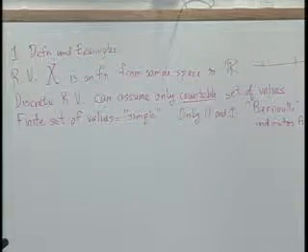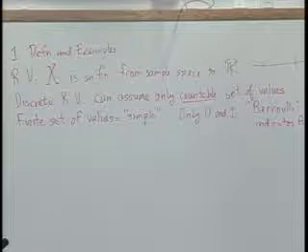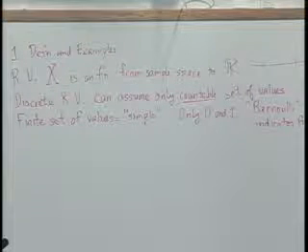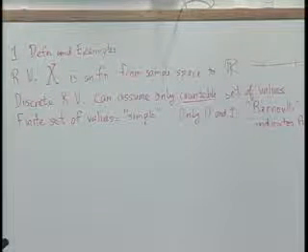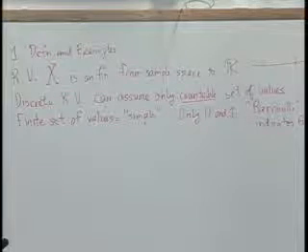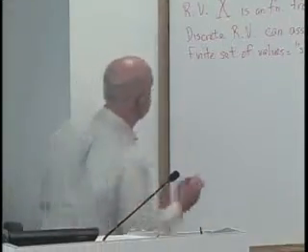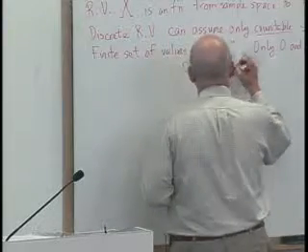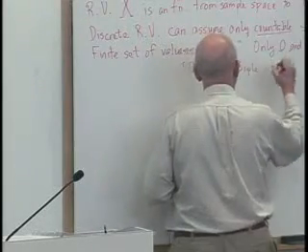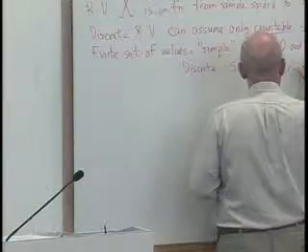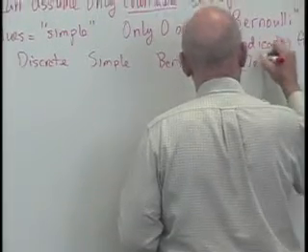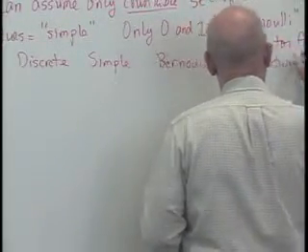So now I want to give you a whole lot of examples of random variables. I mistakenly said in the outline, here are some examples of discrete random variables, but there are a couple in here that aren't even discrete. And what I'd like you to do is to figure out for each of them whether it's discrete, whether it's simple, whether it's Bernoulli, and then for future reference, whether it's defective.